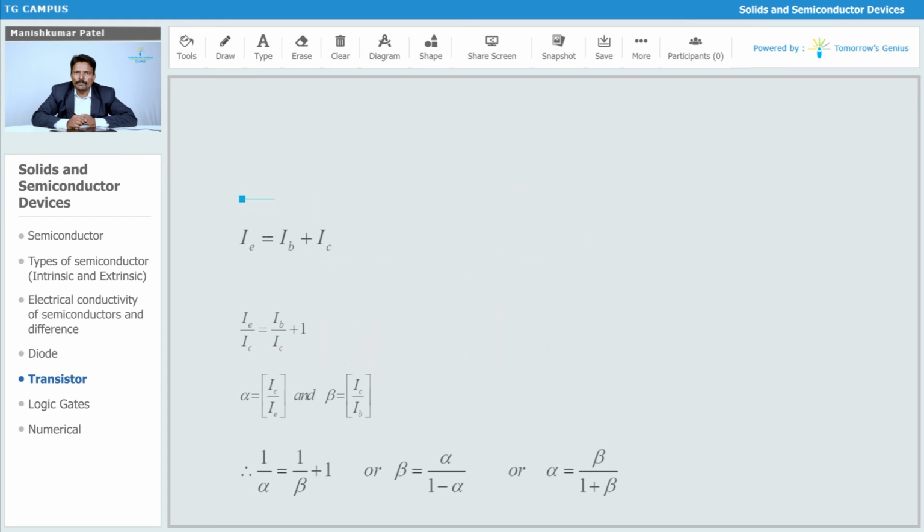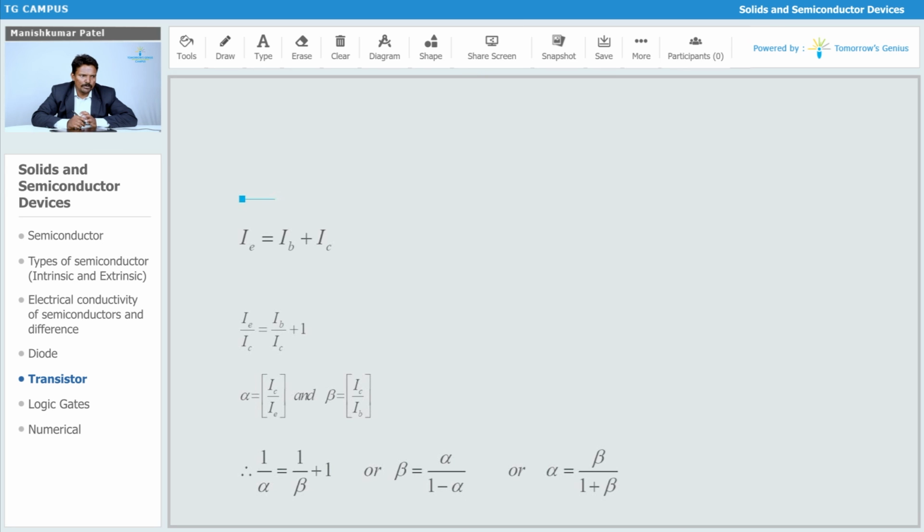You can derive one more relation, the relation between IE, IB and IC. Just divide by IC for each term. So IE upon IC is equal to IB by IC plus 1. Again alpha is equal to IC upon IE, and beta is equal to IC upon IB.